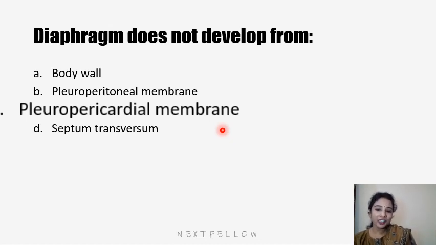It has nothing to do with the diaphragm. So the answer is pleuropericardial membrane. The diaphragm does not have a contribution from the pleuropericardial membrane, which is a sheet of somatic mesoderm that separates the pericardial cavity from the pleural cavity and forms the fibrous pericardium surrounding the heart.